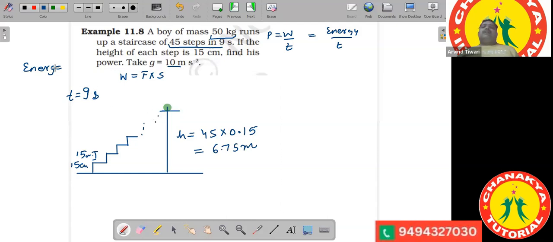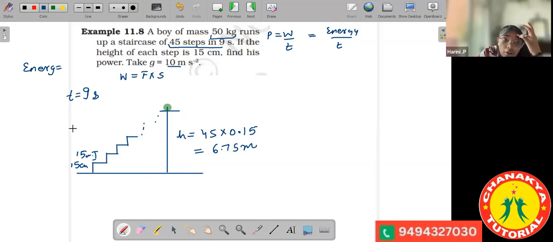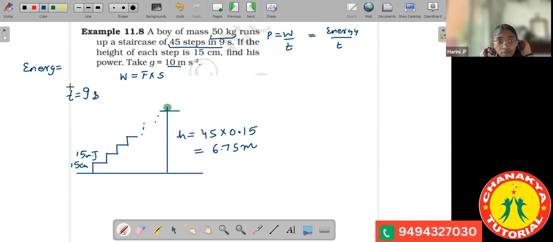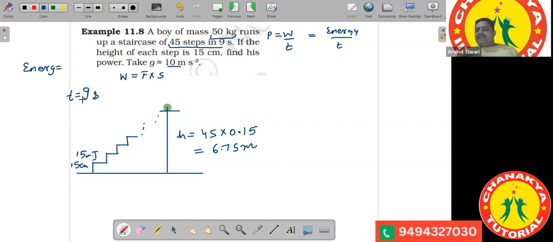Can you tell the amount of potential energy stored? Sir, instead of multiplying it now, can't we keep it so that we can cancel it at the end? Okay, it can be possible. We can even keep it up to the end and then cancel it out.